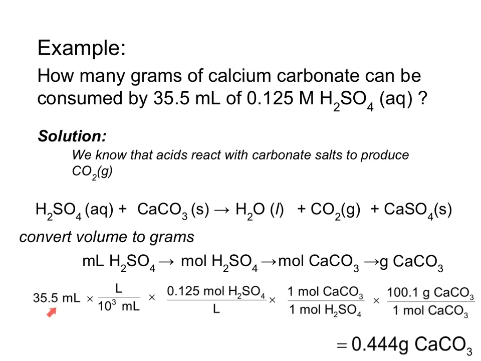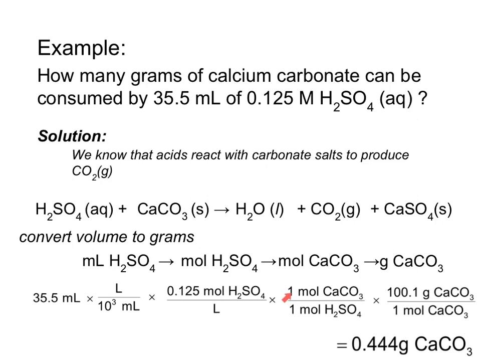We first have to convert our volume to liters, because molarity is in liters. Once we have our liters of sulfuric acid, we can use our molarity to convert to moles of sulfuric acid. Our balanced chemical equation tells us that it's a 1-to-1 ratio, 1 mole of sulfuric acid to 1 mole of calcium carbonate.